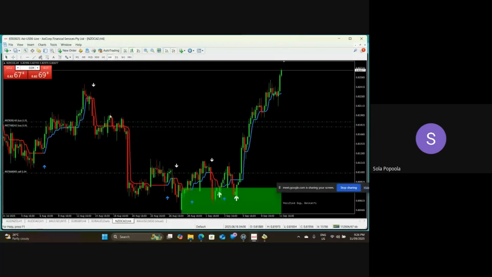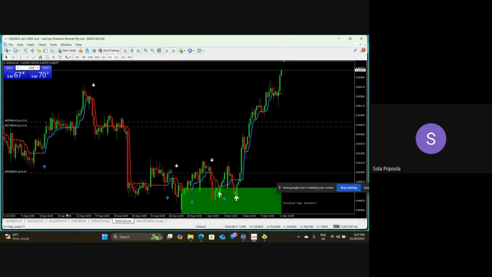You can see this account now is not properly hedged because it was 0.04 and you have 0.02 buy here. But don't let me confuse you.